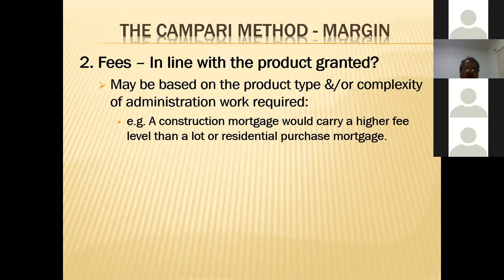On a construction mortgage, we're going to have to take that up every month for at least 6 or more months. And so because of the amount of work involved with our staff, we charge more fees on the construction mortgage. Any questions on that?